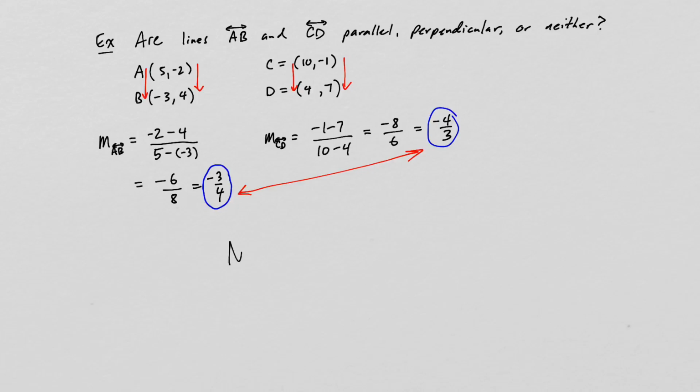So in this case, they are neither parallel nor perpendicular. So you have to be a little bit careful, because when you first look at those slopes, it kind of looks like maybe they're perpendicular, but actually they end up not being perpendicular.